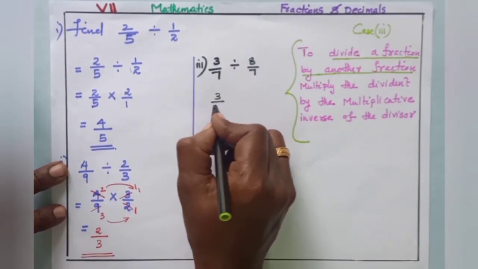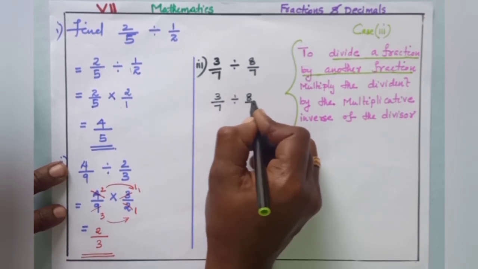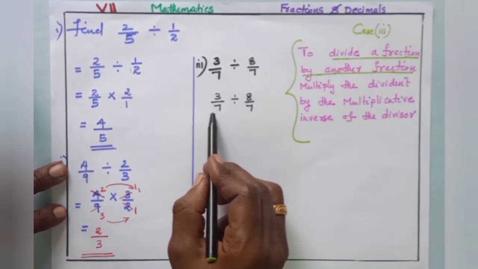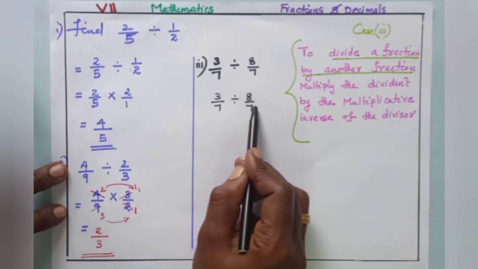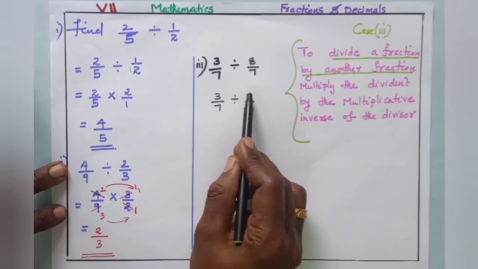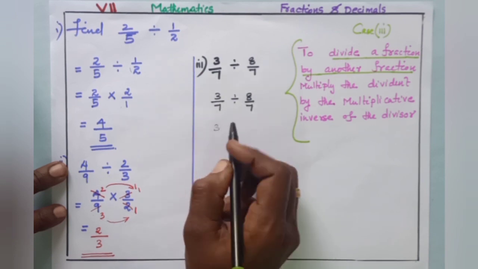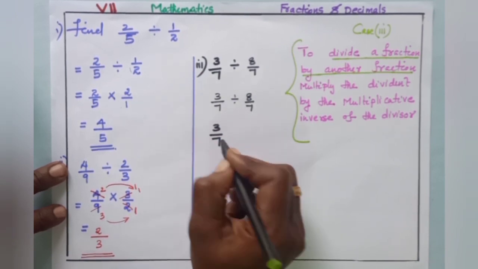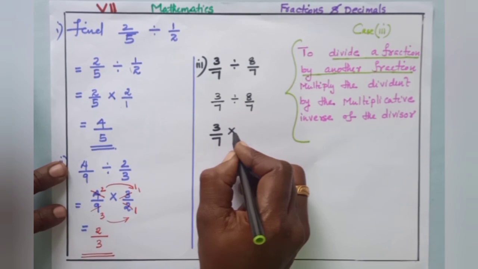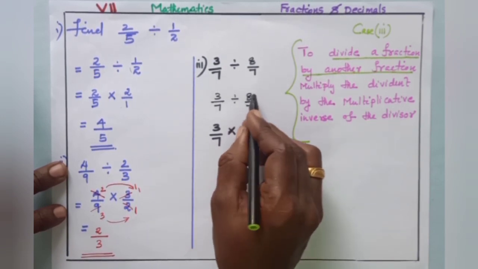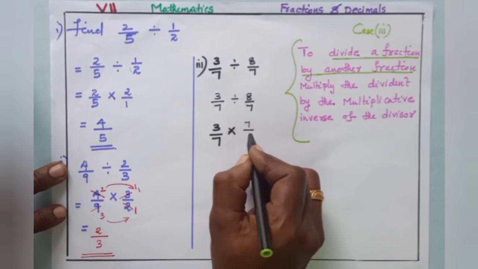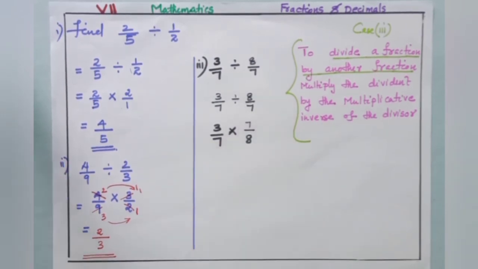So 3 by 7 divided by 8 by 7. Take the reciprocal, or multiplicative inverse, of the divisor, the second fraction. So the first fraction stays the same, 3 by 7. Division changes into multiplication. Then the reciprocal of the divisor 8 by 7 is 7 by 8.